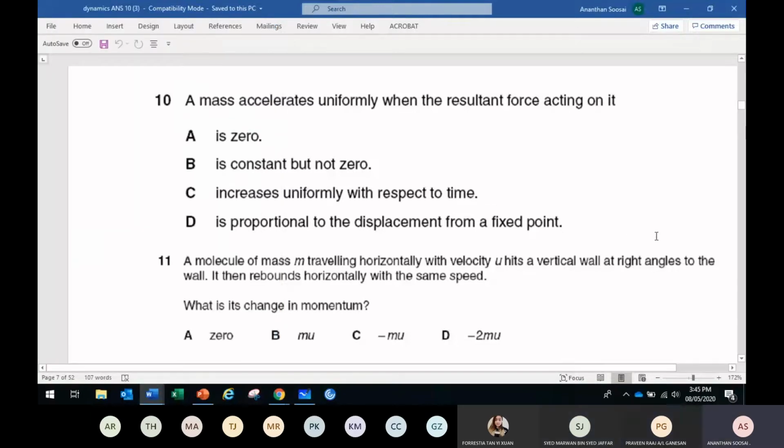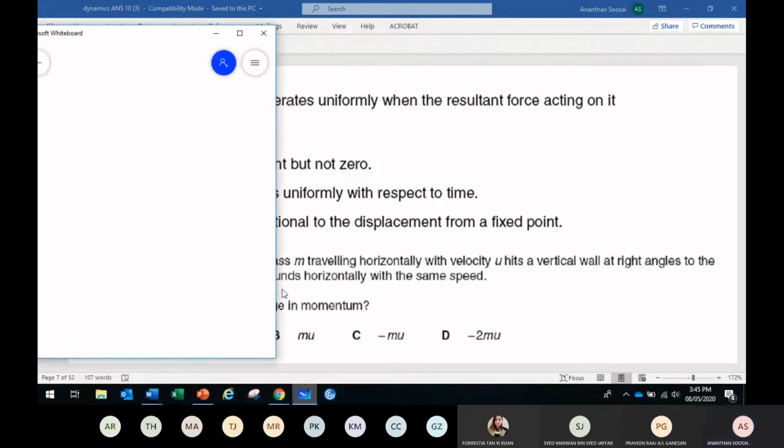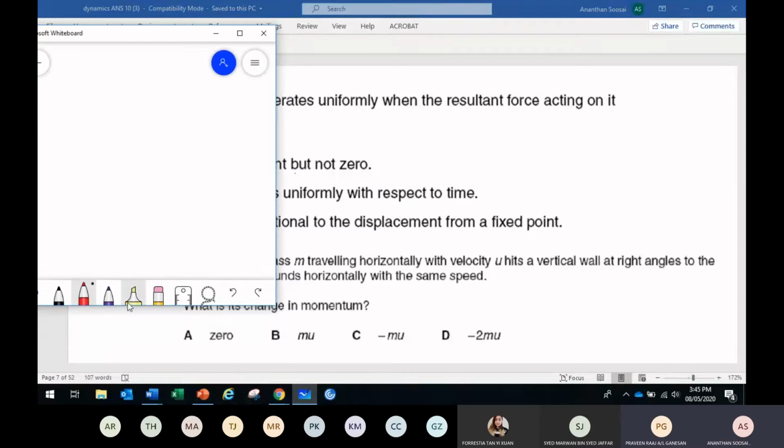So let me give a try. I believe all of you got the answer already. Let me park this here.